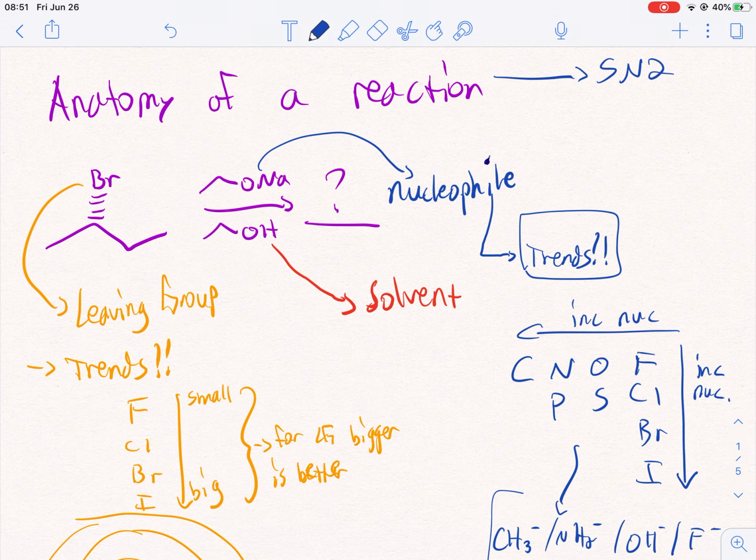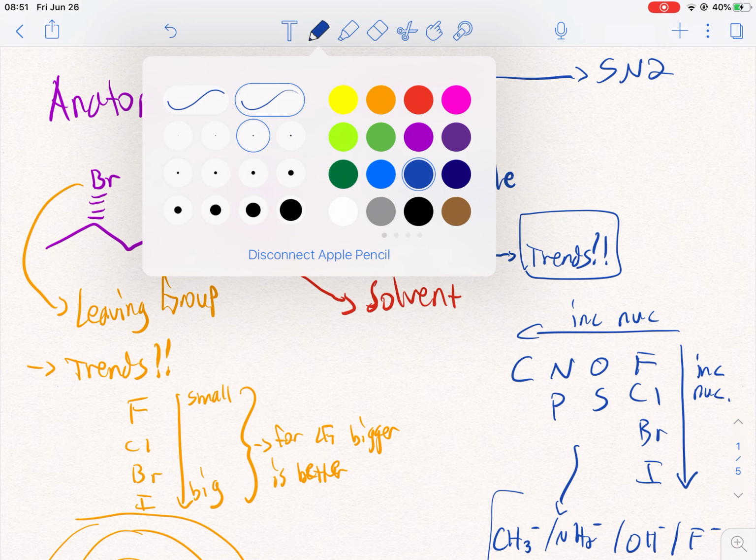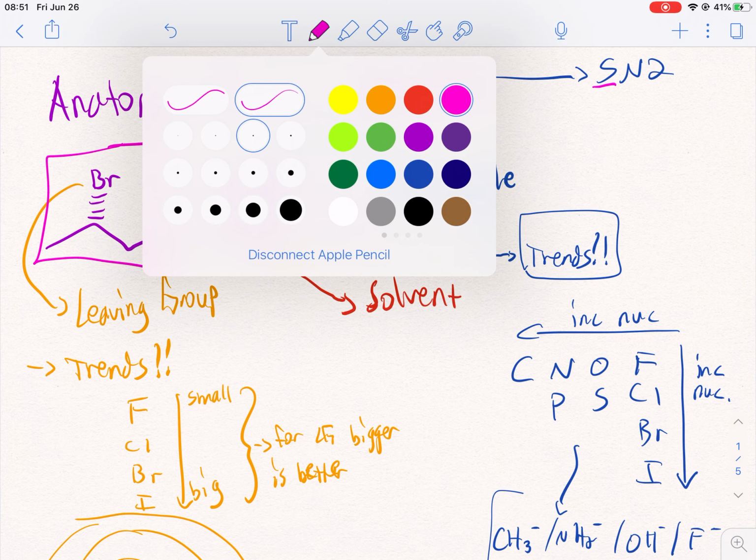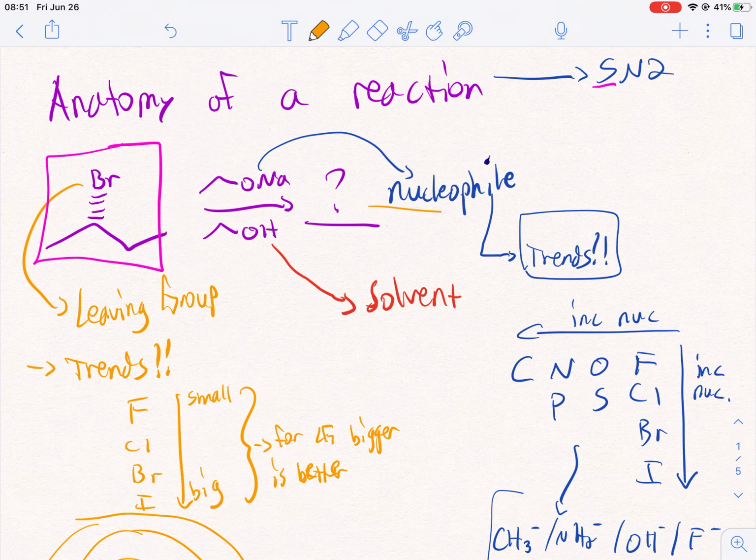molecule. Hold on, I'm circling it, but I want to do a bright color. Pink. There is a molecule that something's being done to, right? That's the substrate, okay? And then we have another molecule called, and this is what I'm doing in orange and blue, the nucleophile, right?